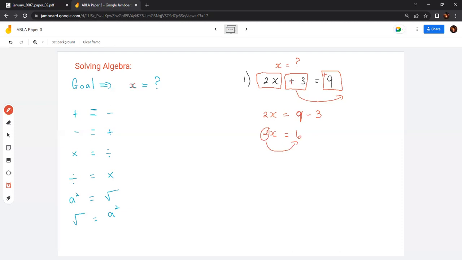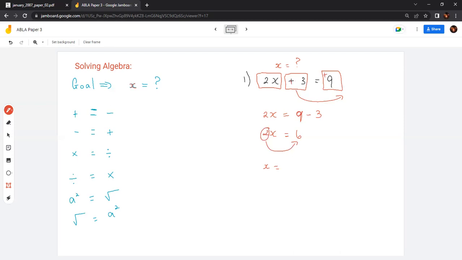So when we carry it across the equal sign, the opposite of multiplying is dividing. Remember, I told you it's not the sign that changes, but the operation. That's what I mean. This here is a positive 2x, but the operation it was performing is multiplication. So when it goes across, it's going to become divided.